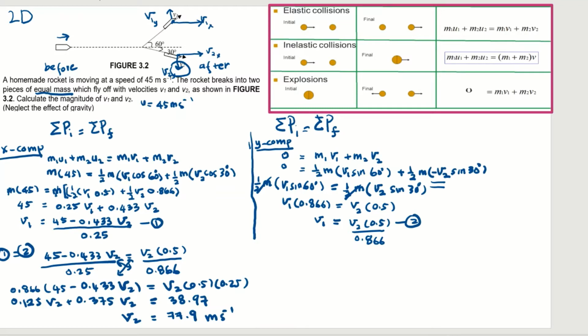After you find v2, substitute into equation 2, because this is easier. So v2 is 77.9, times 0.5, divided by 0.866, and you get v1 is 45 meters per second.